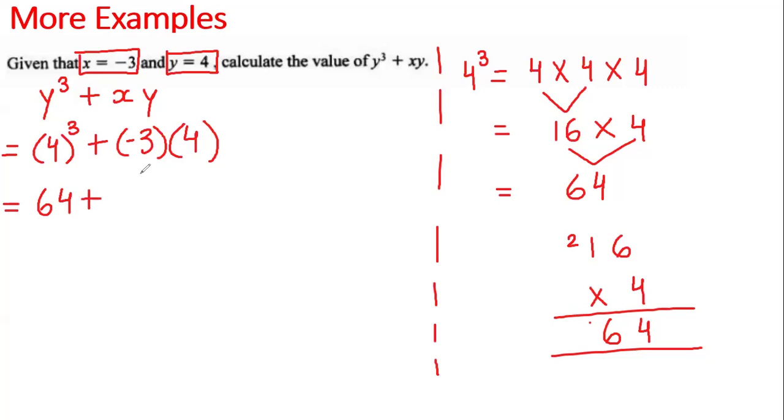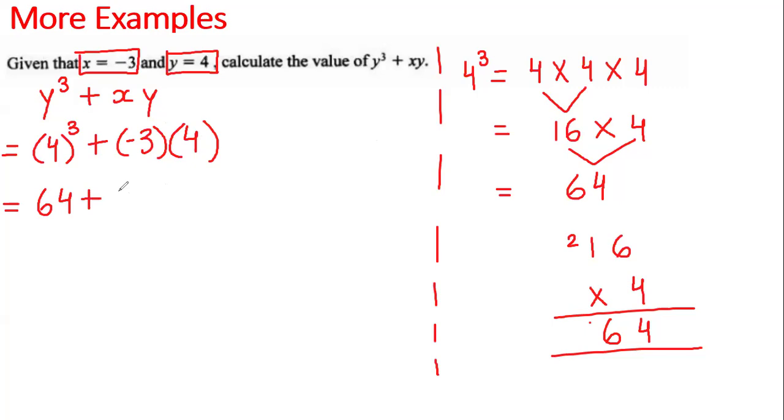Plus. Now this is the thing right there, right? What is -3 times +4? -12.